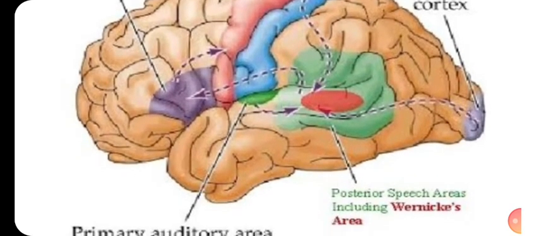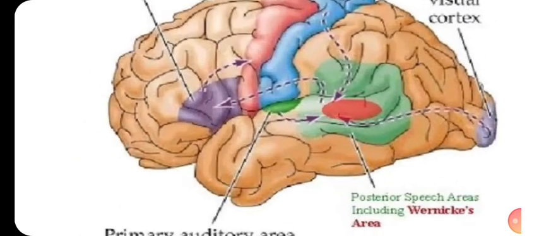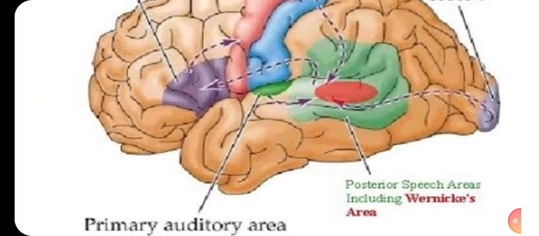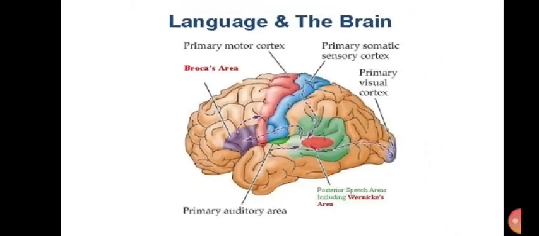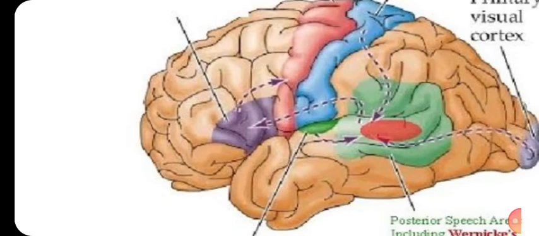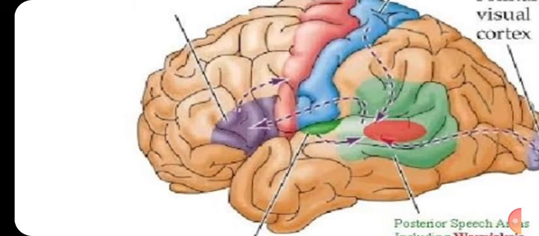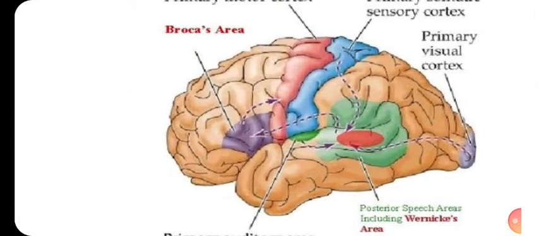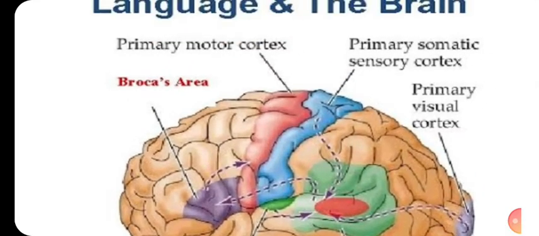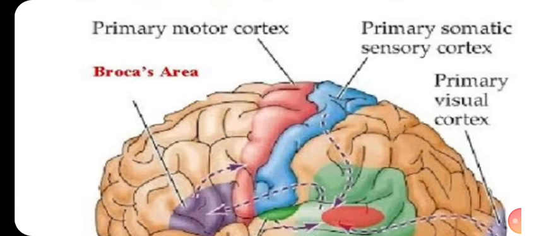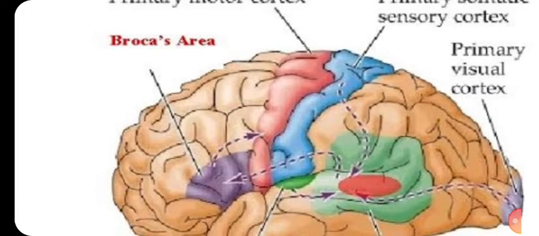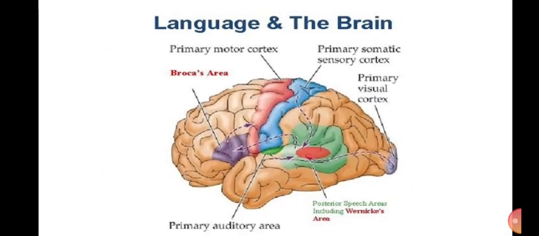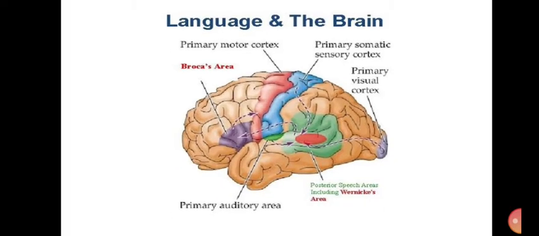Wernicke's area interprets the message, and then with the help of arcuate fasciculus, it sends the message to the Broca's area. The Broca's area, when it receives the interpreted message, formulates a response, and then it gives it to the primary motor cortex, that is the red area, which then again commands the articulators of the mouth to give back the response.